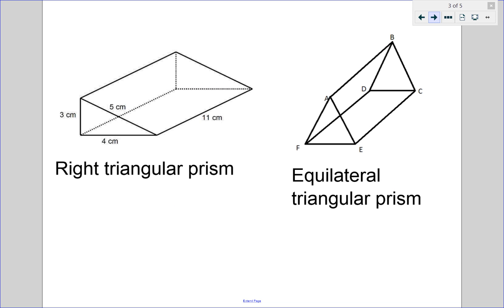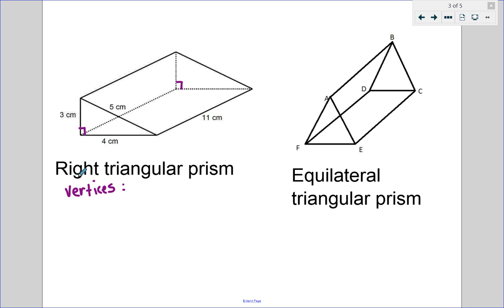All right, a right triangular prism. For a right triangular prism, that means that right here and right here, we've got that little 90-degree angle. So if we look at these, let's see how many vertices we have. Well, a triangle has how many sides? 3.